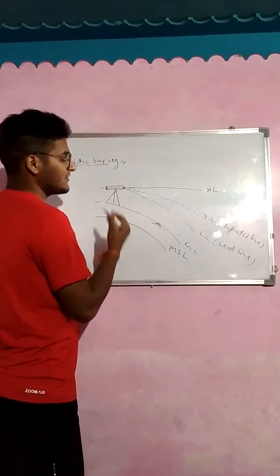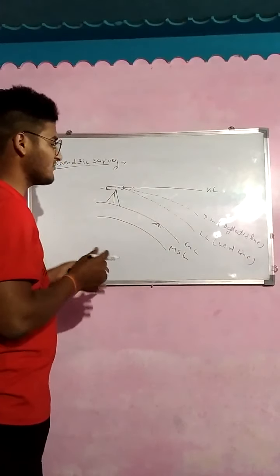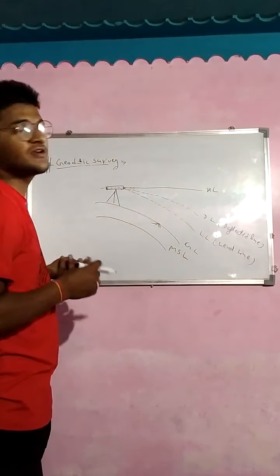Ground level is the particular location where we set up the instrument.